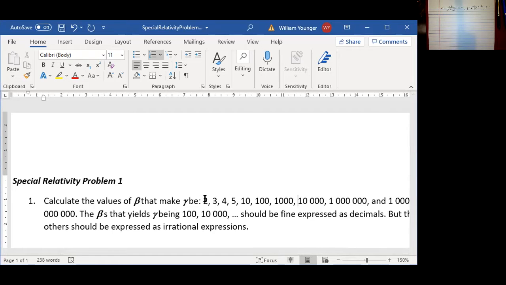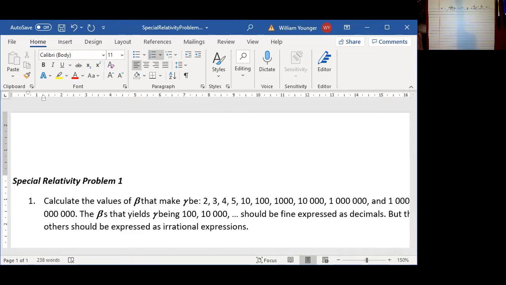Same thing with a 3, a 4, a 5. Then I'm going for powers of 10: 10 to the first power, 10 to the second, 10 to the third, 10 to the fourth, 10 to the sixth, and so on. But you can go through many of those. I'm going to solve it algebraically and then use that general expression to work out all the individual answers.